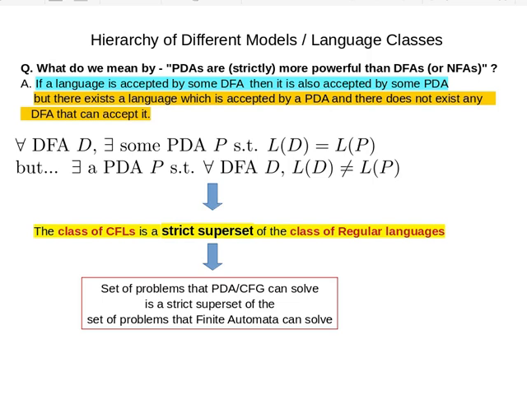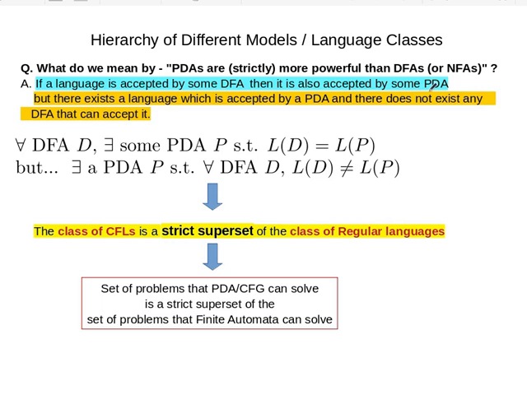Now what do we mean by one model being strictly more powerful than another model? For example, we said before that PDAs are strictly more powerful than DFAs or NFAs. We know that DFA and NFA are equivalent, at least we stated that. So what do we mean by PDAs being strictly more powerful? It means that if a language is accepted by some DFA, then it is also accepted by some PDA.